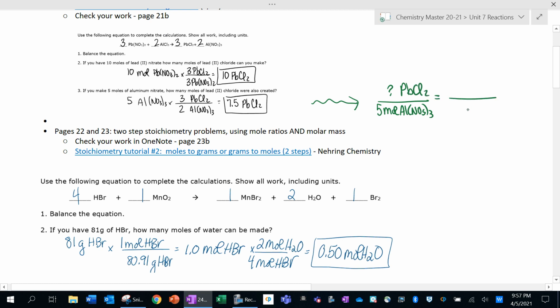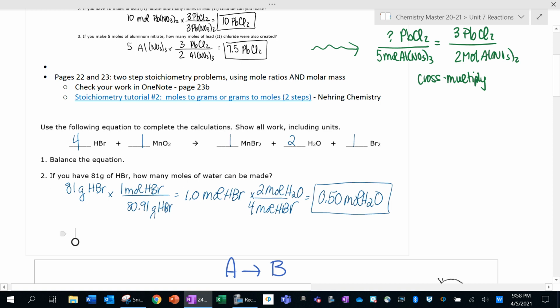We know from this chemical formula that for every 2 moles of aluminum nitrate, we make 3 moles of lead chloride. Then you can cross multiply to solve. That's just another approach. There are different approaches you could take. Just make sure you're showing your work and labeling these numbers with units.